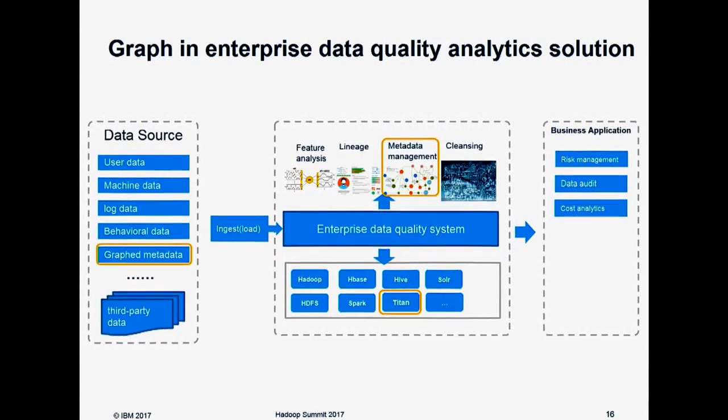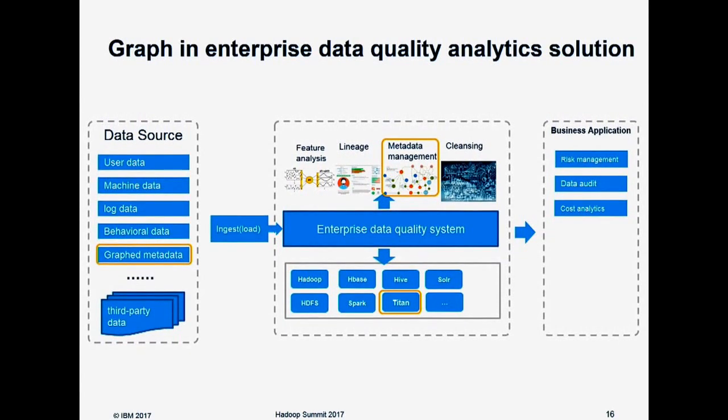In the middle is a system that stores the metadata and that analyzes the data from the data source. It's basically a big data version of the traditional ETL system for data quality analysis.